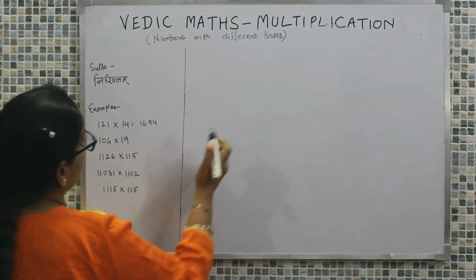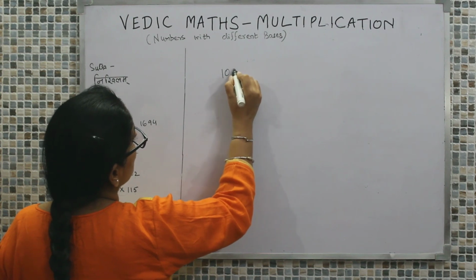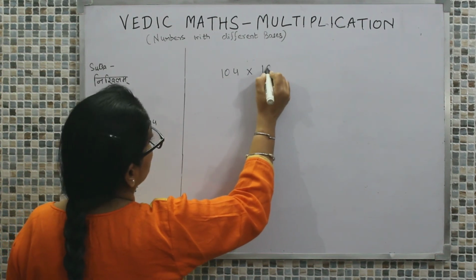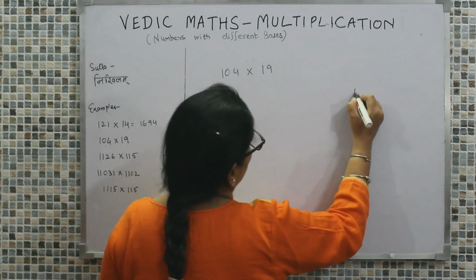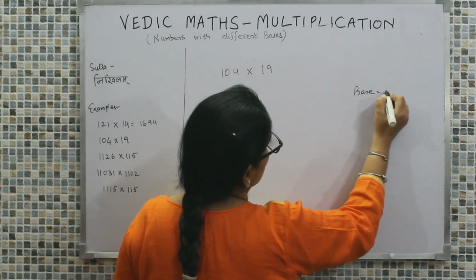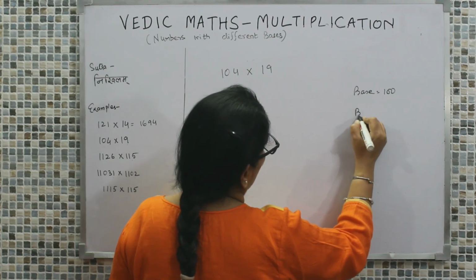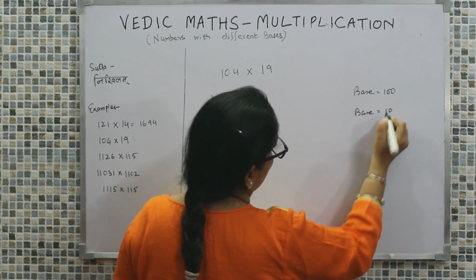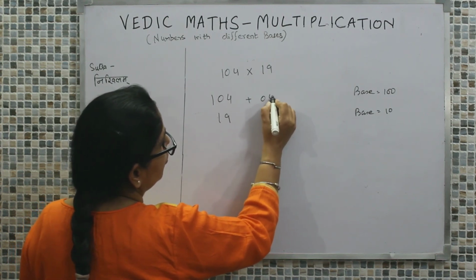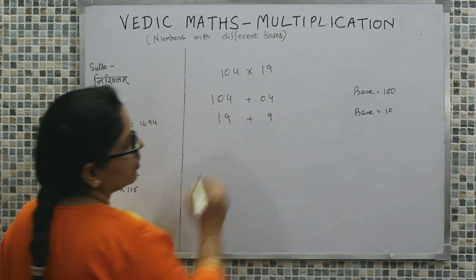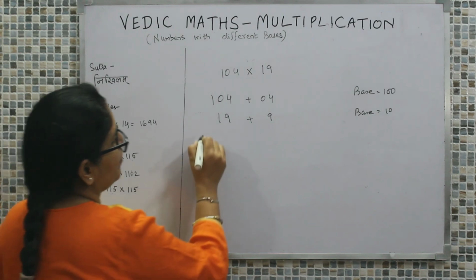Taking the next example, we have 104 into 19. The base value over here is 100 and the base value over here is 10. So this is 4 excess and this is 9 excess.